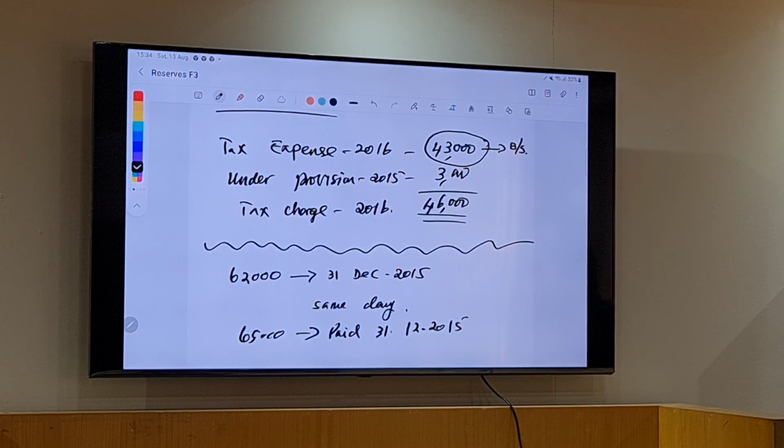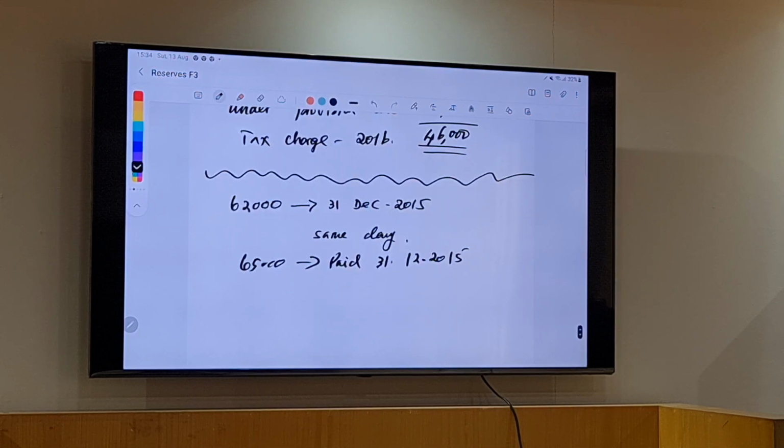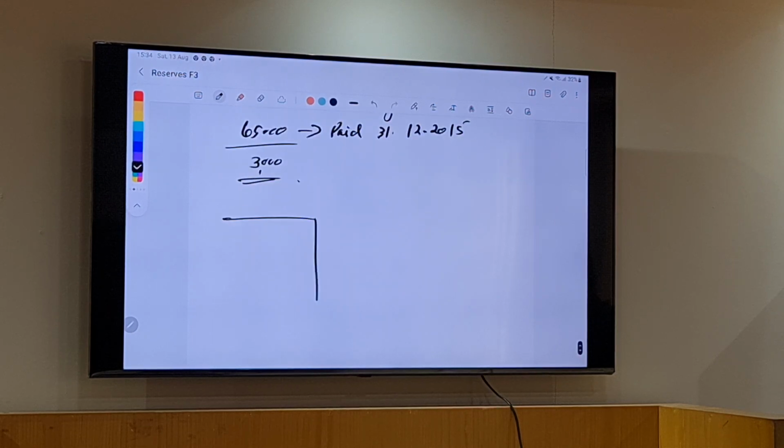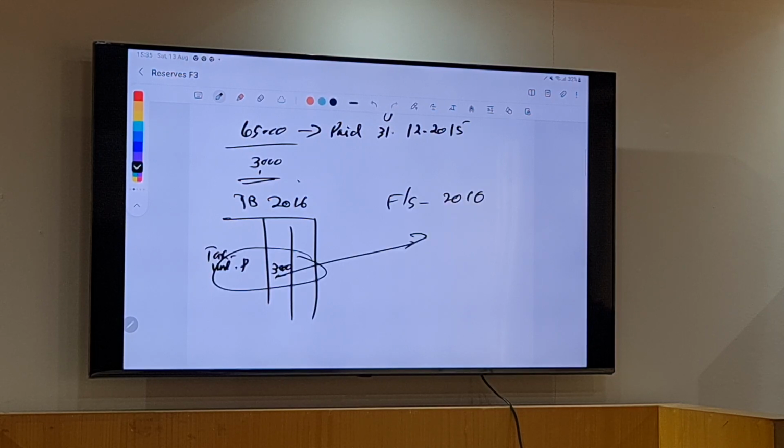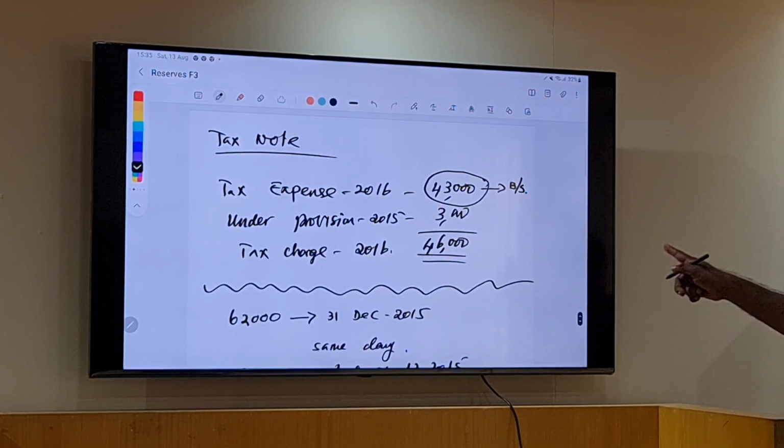So then we don't have any liability, but we will have a difference of this 3,000. Then if you prepare a trial balance for 2016, you should have tax under provision debit balance 3,000. And when you prepare the financial statement for 2016, this much should come there and you should do what you have done here. Clear?